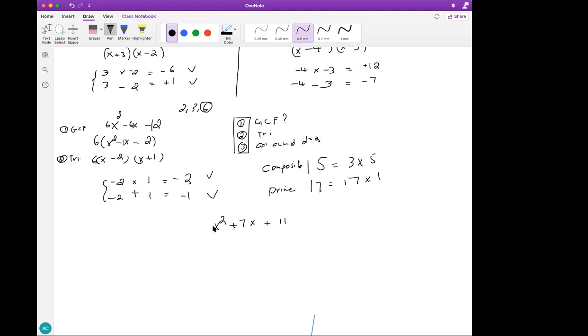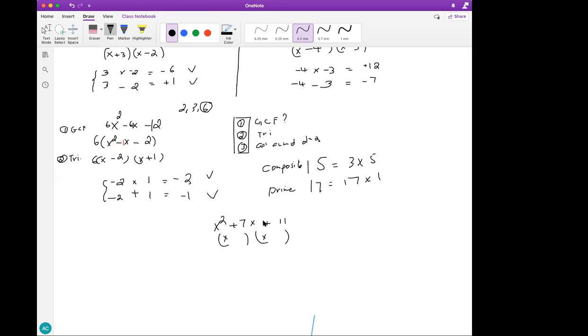First of all, we can go ahead and attempt the parentheses. Now we need 2 integers that multiply to 11 and add up to +7.